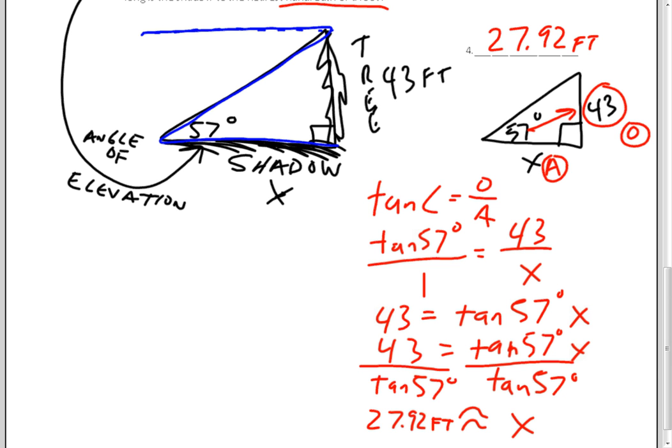A Z or an N shape? What does that remind you of back in chapter 3? Alternate. Didn't we say that alternate interior angles were equal? Oh, yes. Sometimes you're given that angle. That angle up here is called the angle of depression.